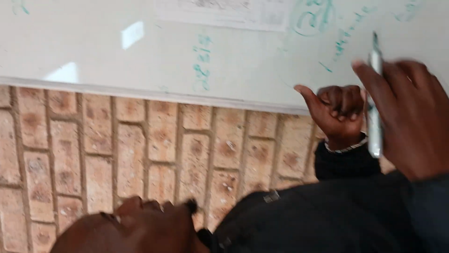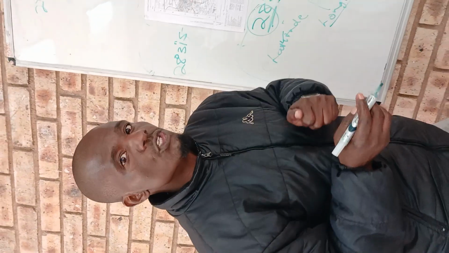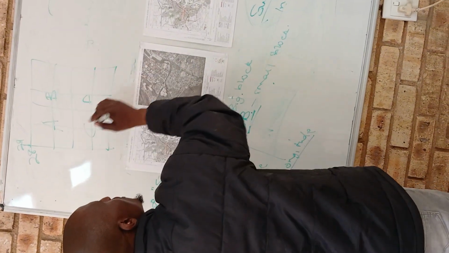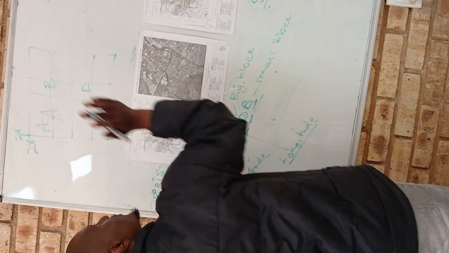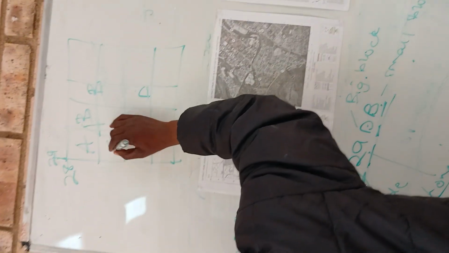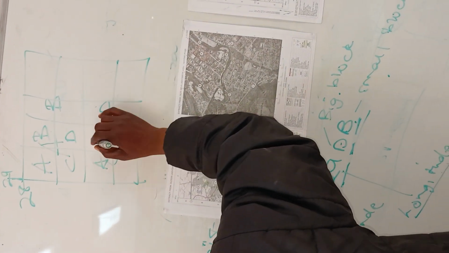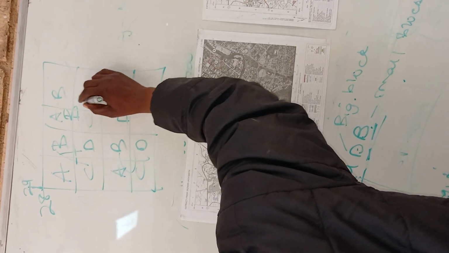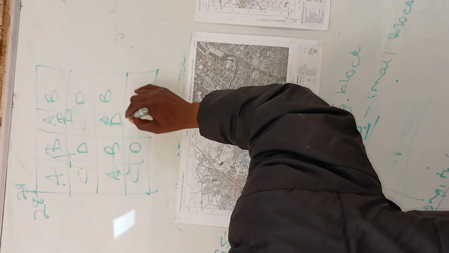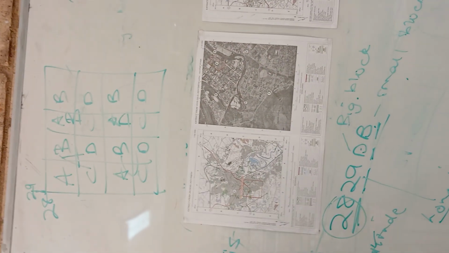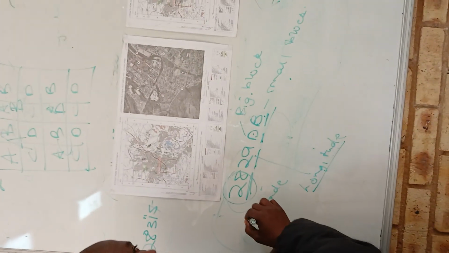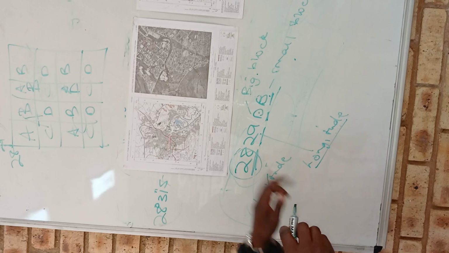Then we further divide each block into 4 again. We have A, B, C, and D in each block. So this is what we have now. We want to find out where exactly this map was taken from, because it's an extract from 28, 29.